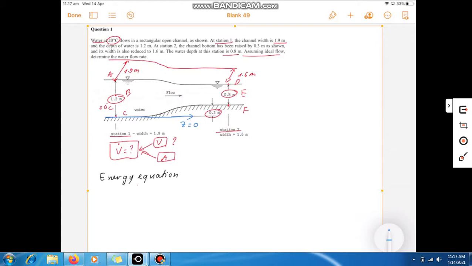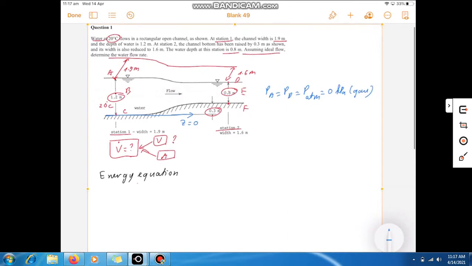But this is fluid flow, not fluid static. In fluid flow, pressure equals static pressure plus dynamic pressure, and we don't know the dynamic pressure. So PB, PC, PE, PF we don't know. We only know pressure at A and D, because PA equals PD on the water surface, equal to atmospheric pressure, or 0 gauge pressure.